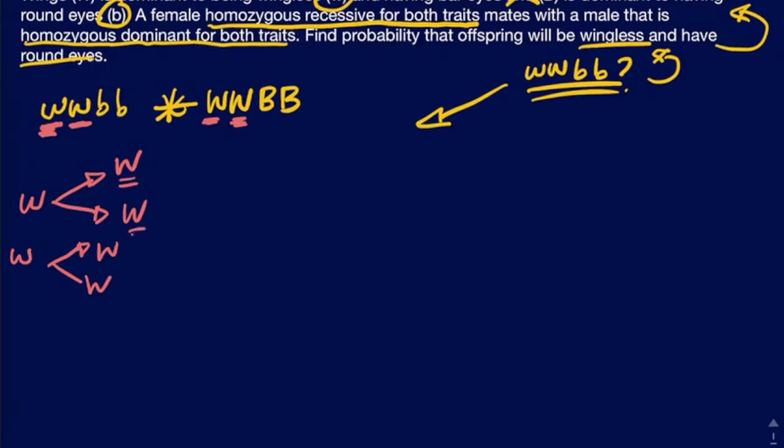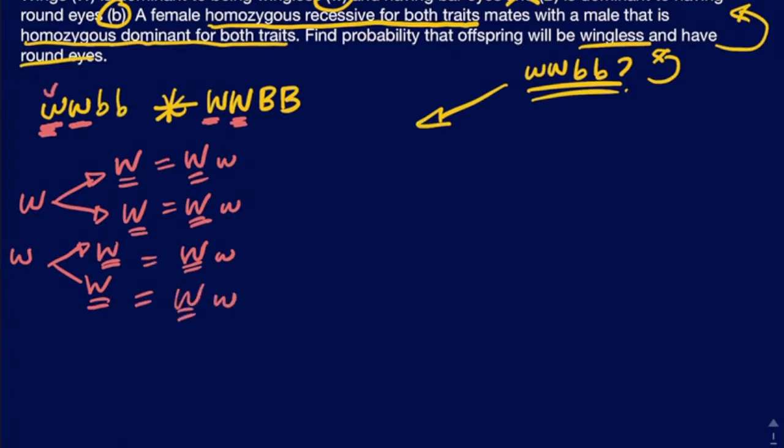I'll try to make it a little bit obvious that those are capital. And if we do that cross, we find that every one of these is going to be heterozygous, because they're always going to get a small copy of the W gene and a big copy of the W gene. They will never have two of the same allele.